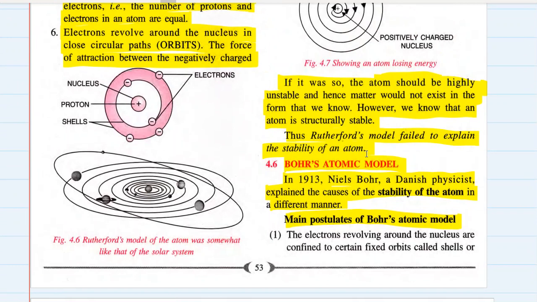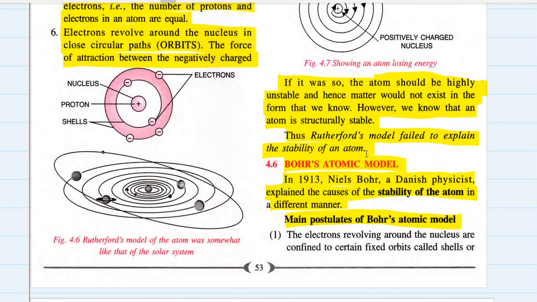Now see, Niels Bohr actually agreed with Rutherford's model of an atom. He agreed with it. He didn't find any faults in it. He didn't say that no, it's completely wrong, I'll say everything all over again. No, he said that, see, Rutherford is correct. Atom has a nucleus in its center, and it is very small in size, it is positive in nature, and everything is correct.